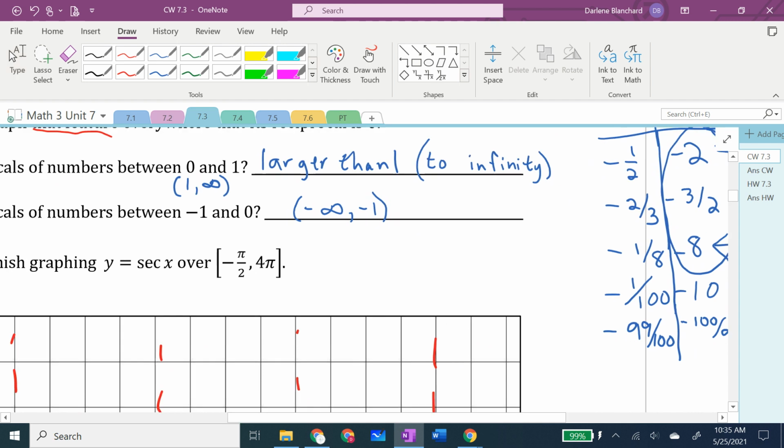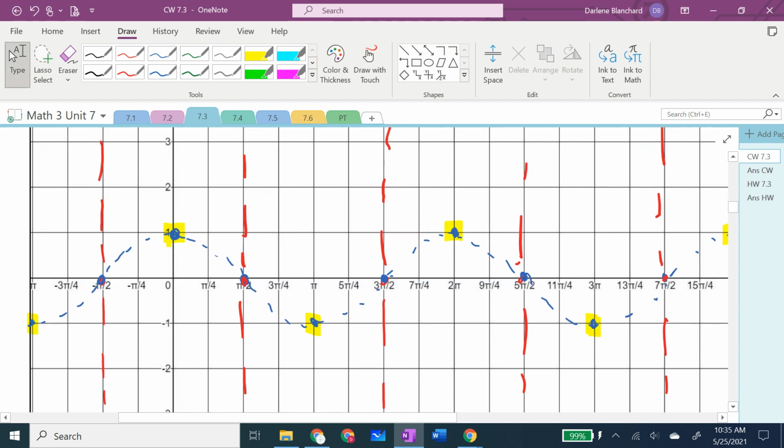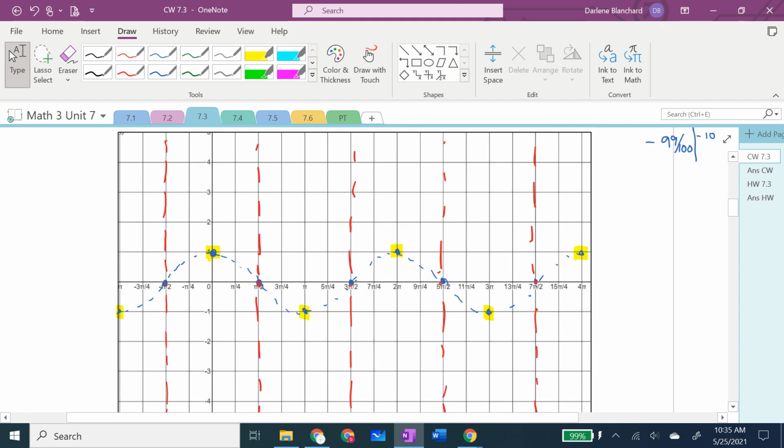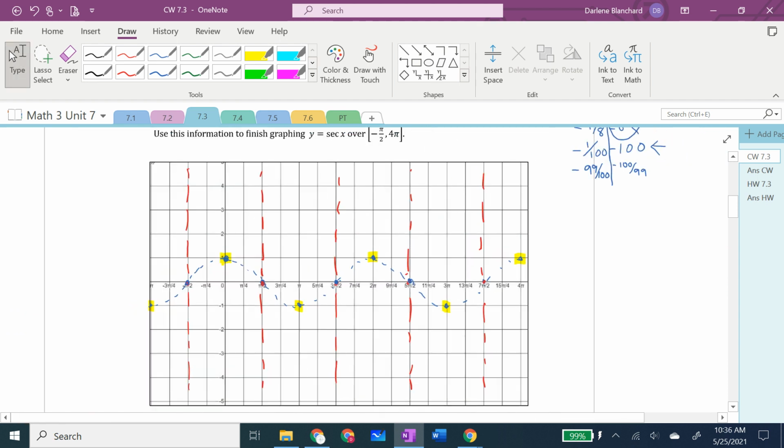So what I'm trying to do is help you to see the following. In this section, I'm dealing with numbers whose reciprocals are bigger than 1. And what are those vertical asymptotes there for?